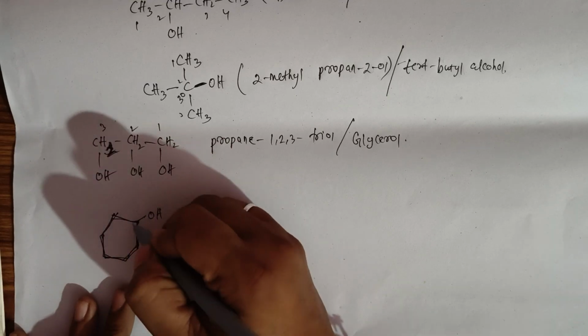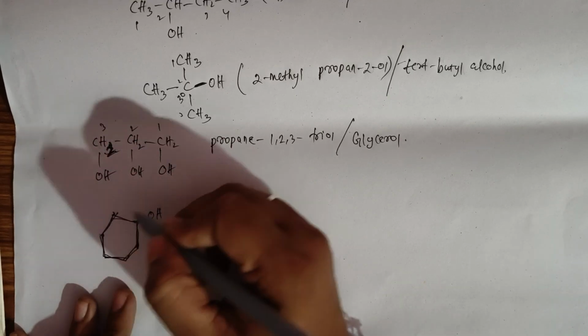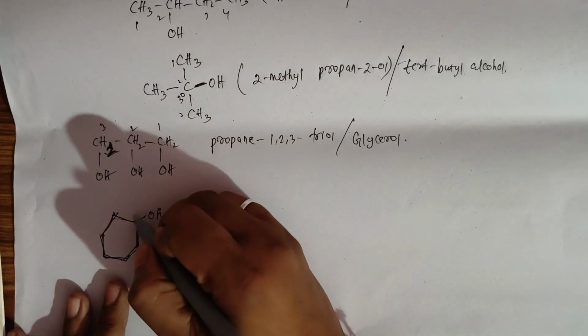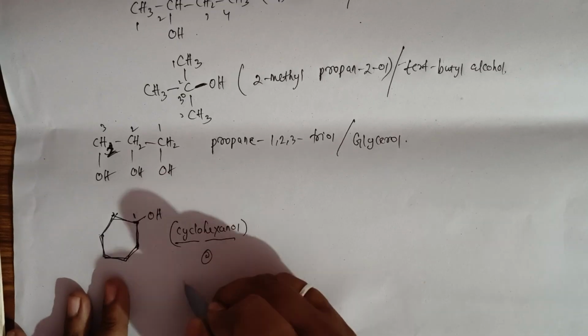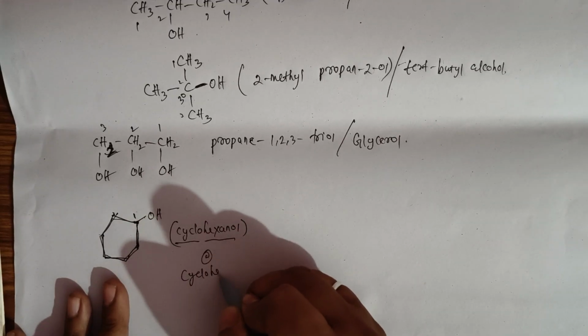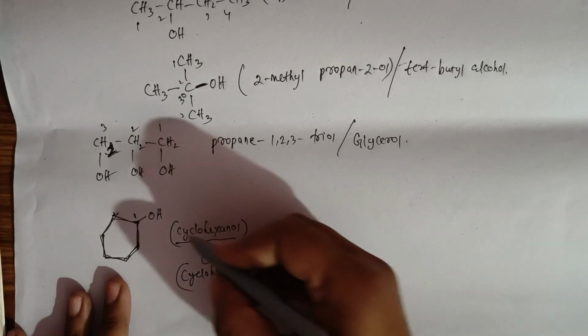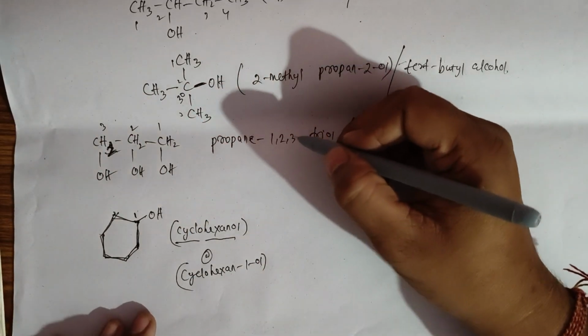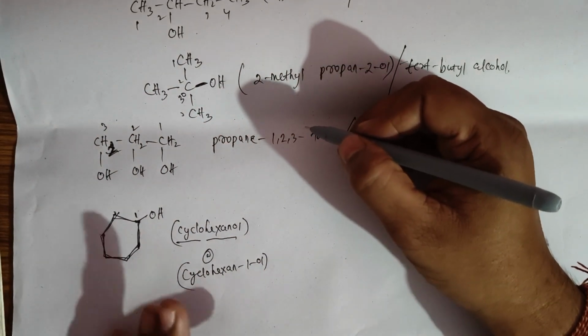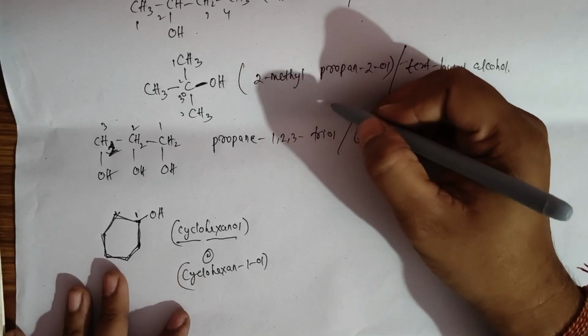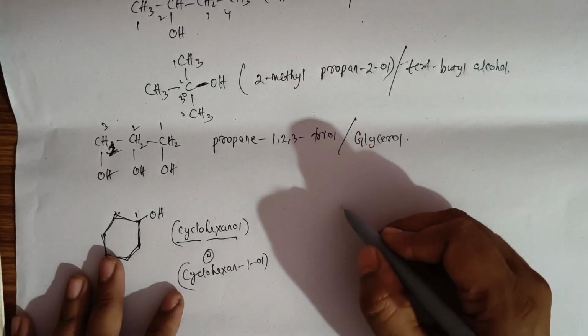Hex means 6: 1, 2, 3, 4, 5, 6. Hexan-1-ol, so cyclohexan-1-ol, but cyclohexanol can be its IUPAC name.